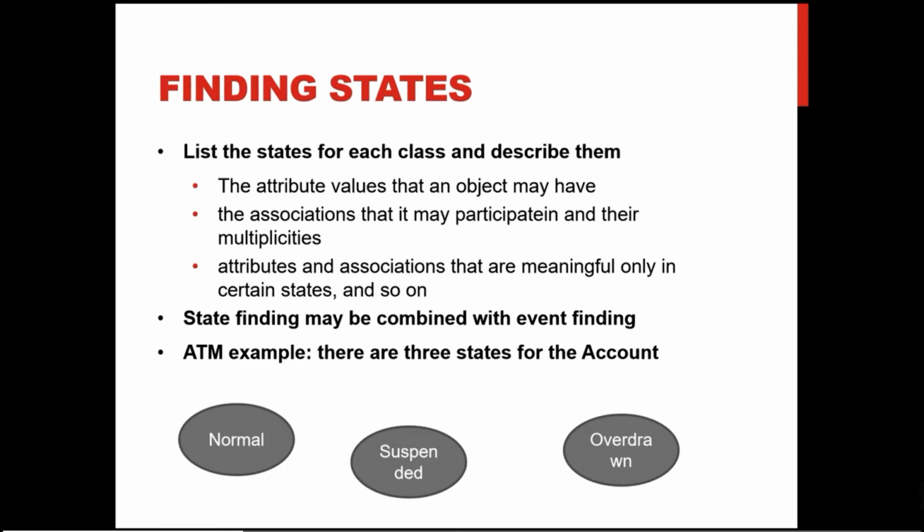Maybe different associations or different multiplicities during the different life cycle or lifetime mean different states, and there may be attributes and associations that are only meaningful in certain states. So it means that we should check the changes of attribute values and the changes of associations.